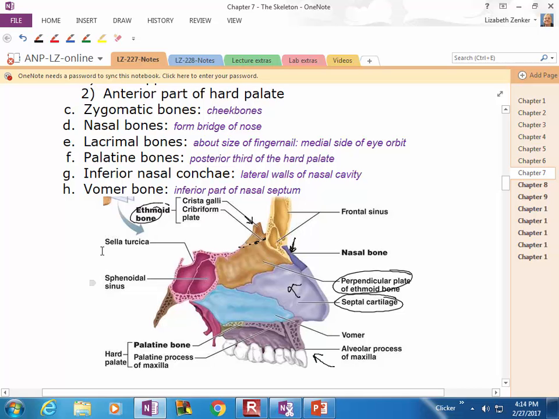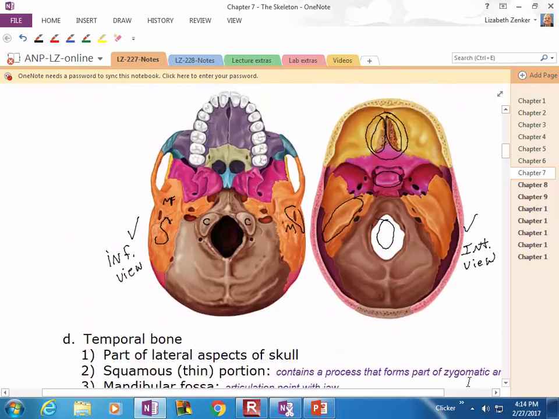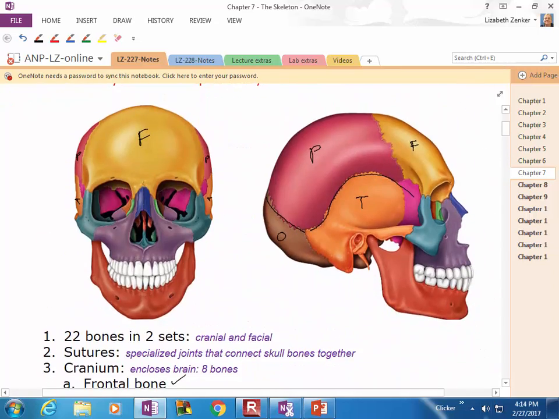But if we go back up to the anterior view, let's go back here. All right, so this area here is your inferior nasal concha. Can you see what I'm pointing at there? Okay, and then you have the vomer bone, which you can also see from this view. That's right here.